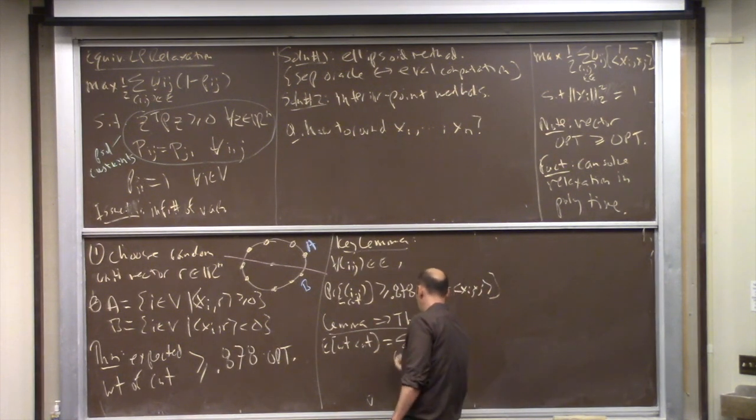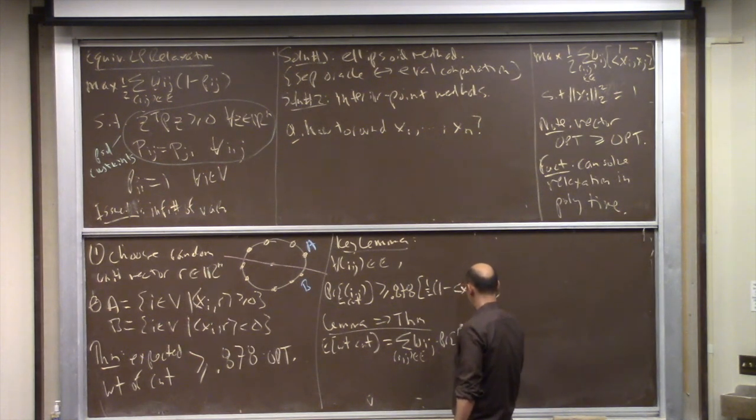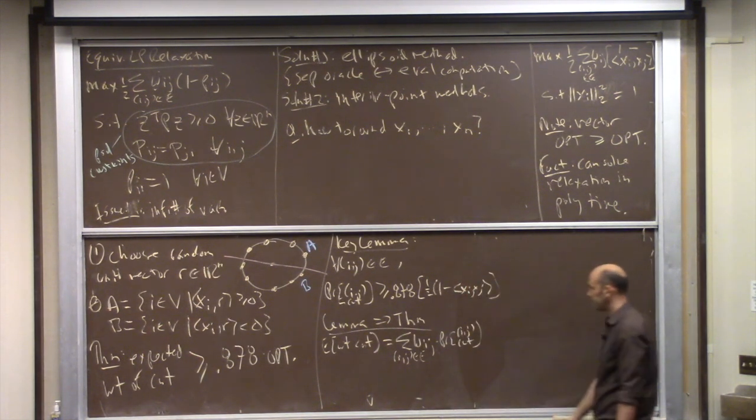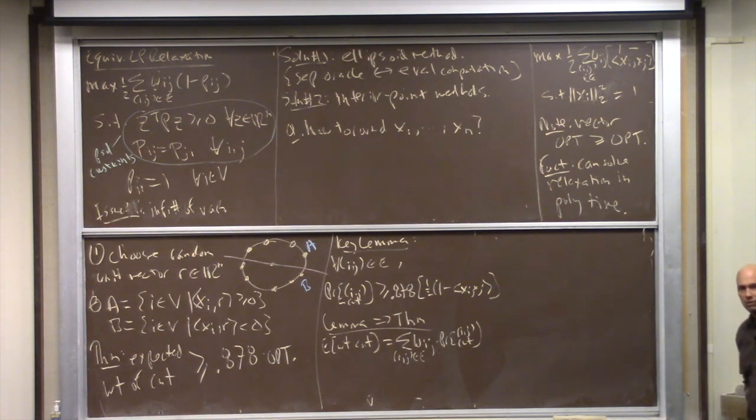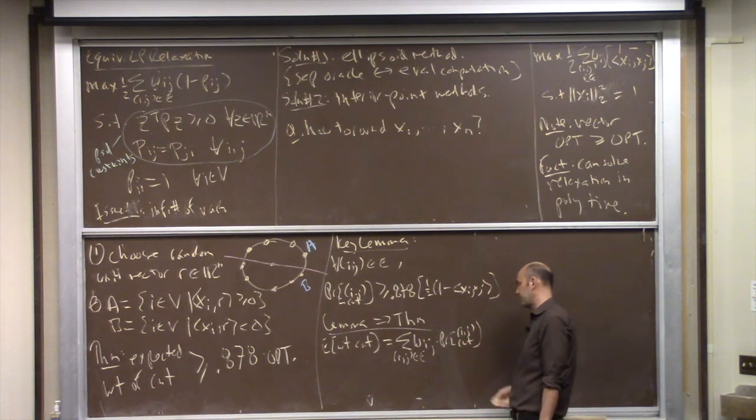So we have a sum over the edges of the weight of that edge times the probability that ij get cut. We're just computing the expectation term by term, edge by edge. We get wij if it's cut, we get 0 if it's not cut.